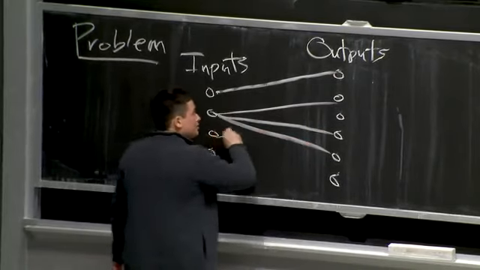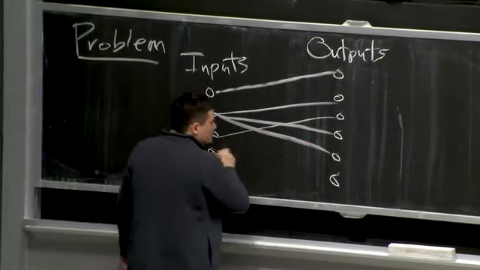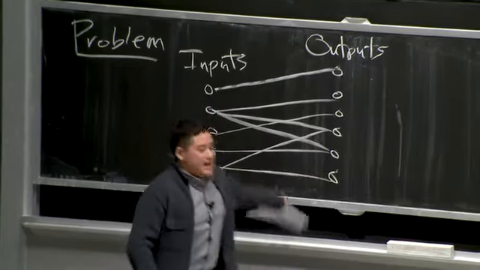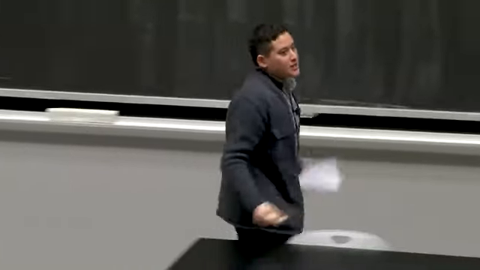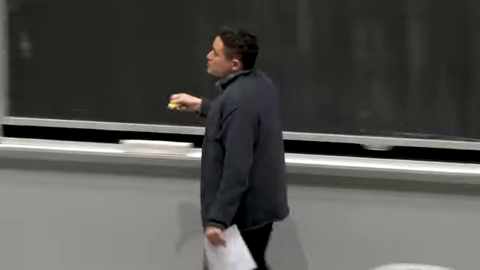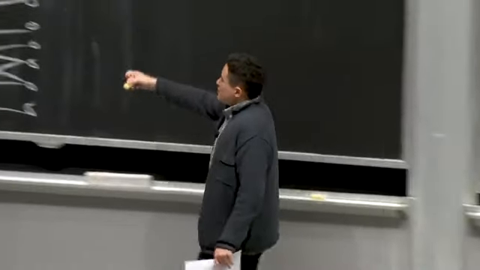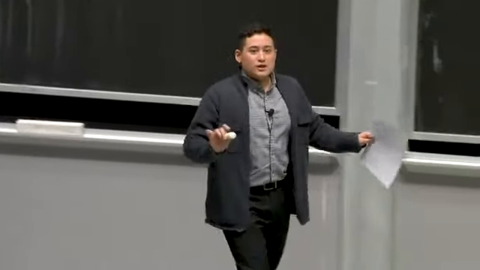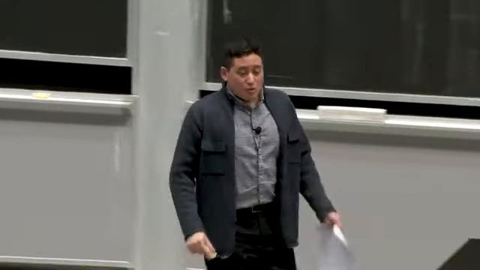This input goes to 1, 2, I don't know. There's some kind of mapping here. These edges represent a binary relation. It's kind of a graph, a bipartite graph between these inputs and outputs. And these are specifying which of these outputs are correct for these inputs. All right? That's really the formal definition of what a problem is.